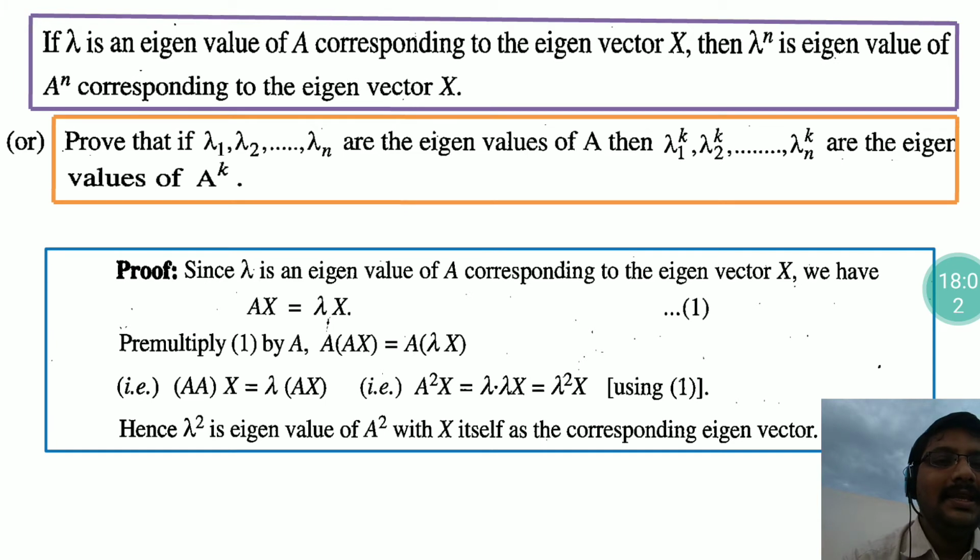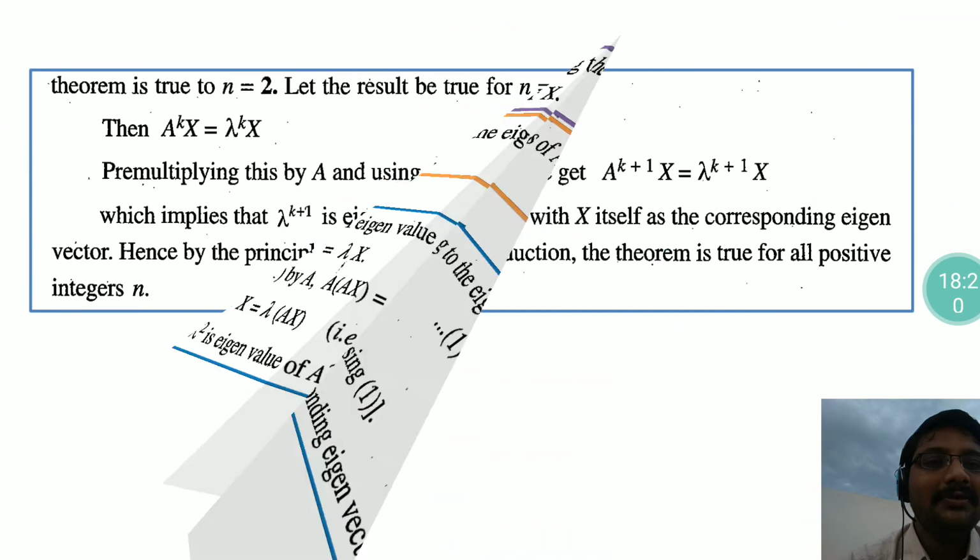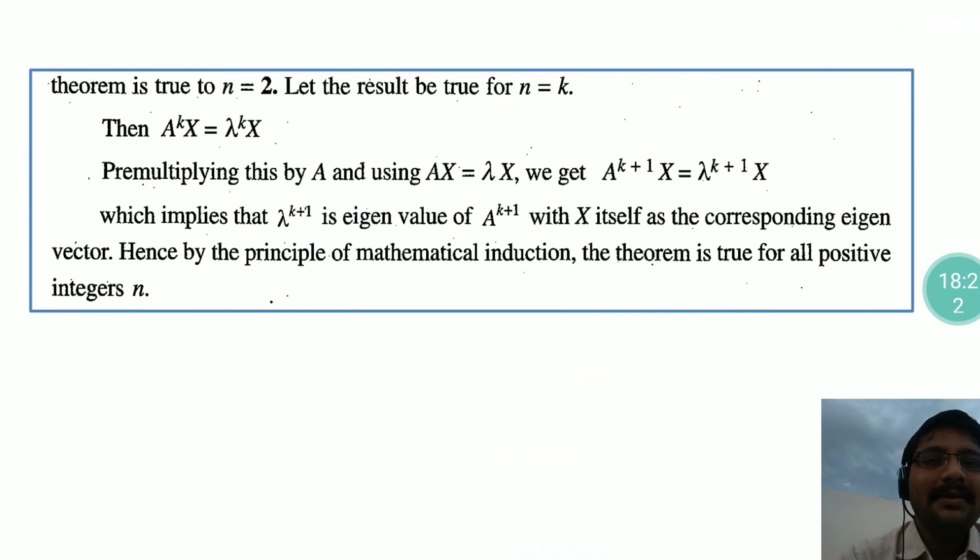So once again, Ax equal to lambda x implies lambda is an eigenvalue of A, and A square x equal to lambda square x implies lambda square is an eigenvalue of A square, corresponding to the same eigenvector. So the theorem is true for n equal to 2.